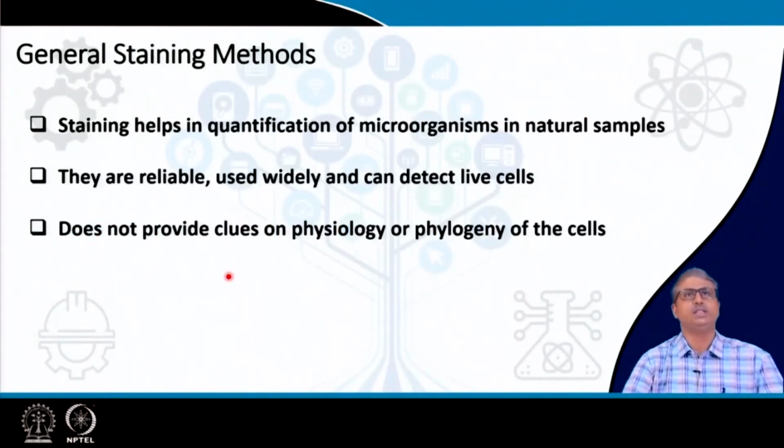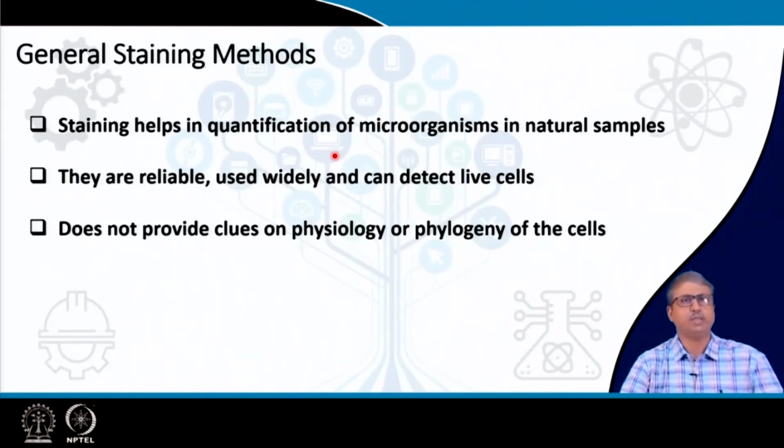So, coming to the general staining method, staining helps in quantification of microorganisms in natural samples. We take the samples, and samples means water, wastewater, sediment, soil, rock, or sludge, or any kind of environmental sample which is the subject of investigation.